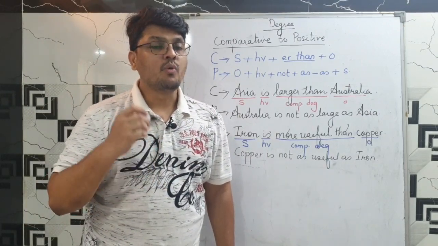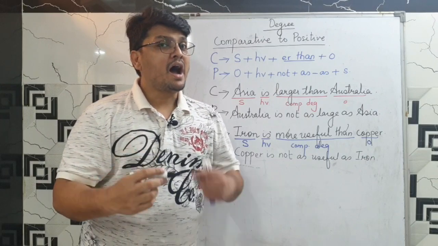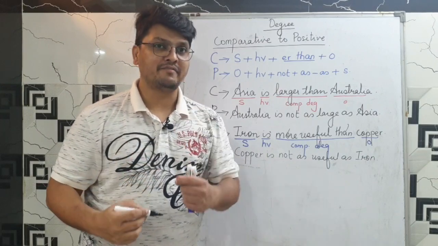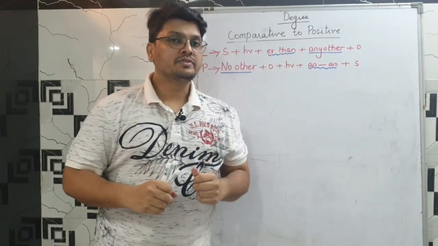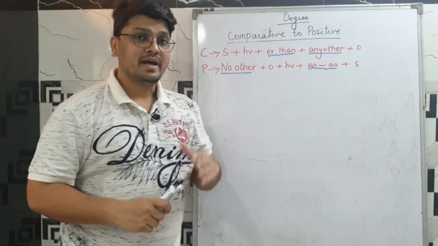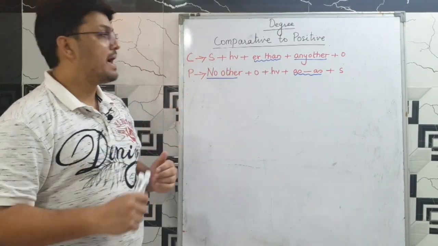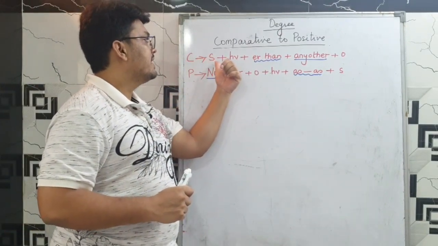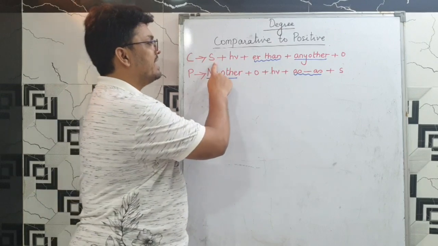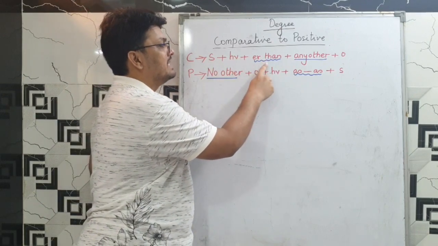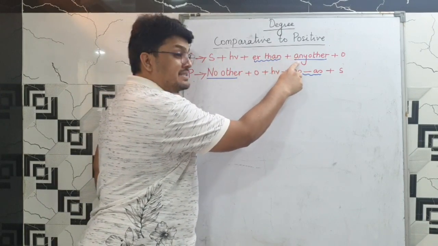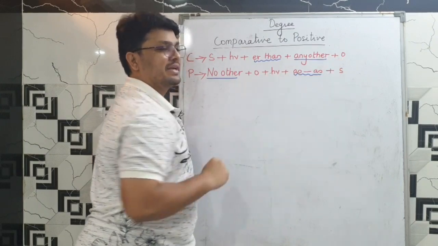Now students, we will see a different type of comparative degree. Let's see this structure. This is also a type of comparative degree. It has started with subject plus helping verb plus er then plus any other plus object.